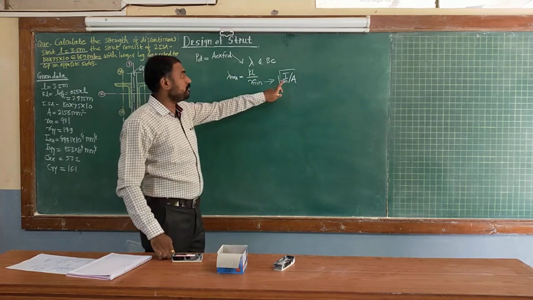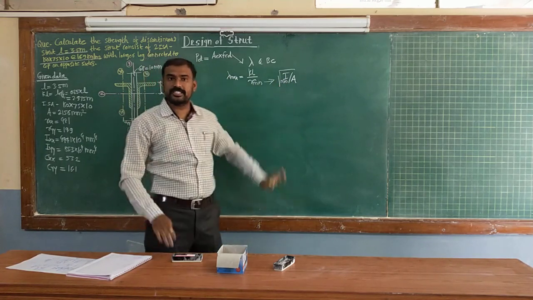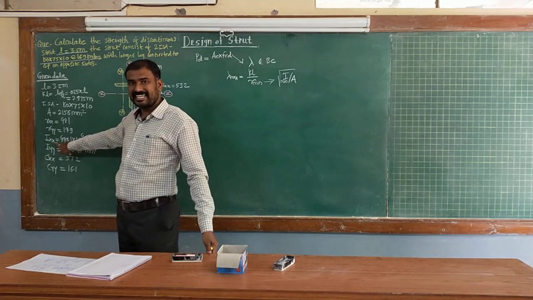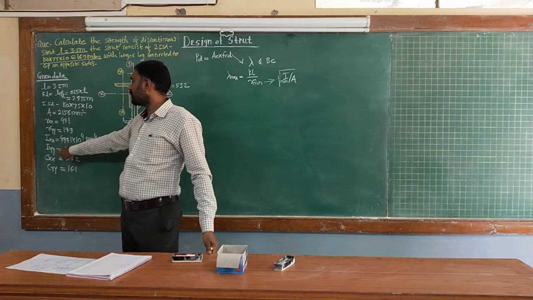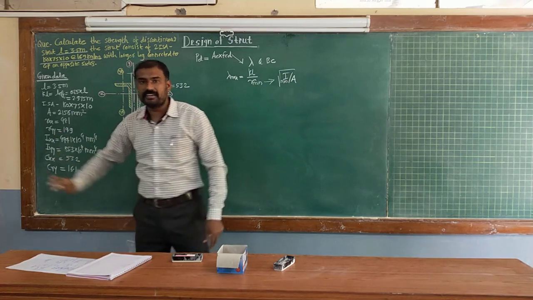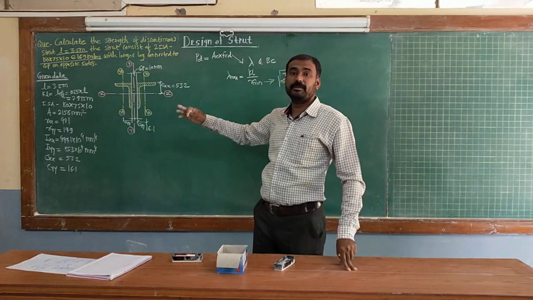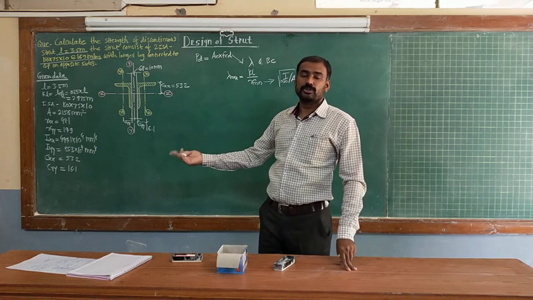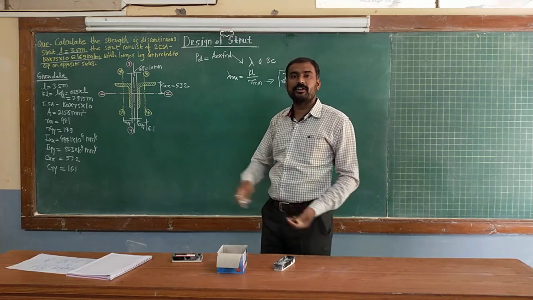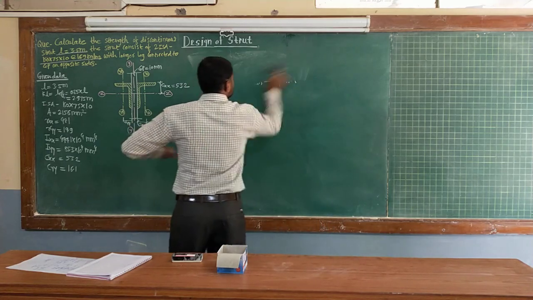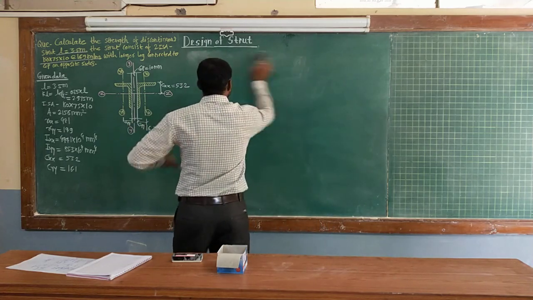So for calculating the minimum moment of inertia, you need to consider two values: the combined moment of inertia about your horizontal z axis and the combined moment of inertia about the y axis. Ultimately we have seen, if you consider the horizontal x axis, you are going to get the double value. So we will directly calculate the moment of inertia about the vertical y axis. That will be the next step.